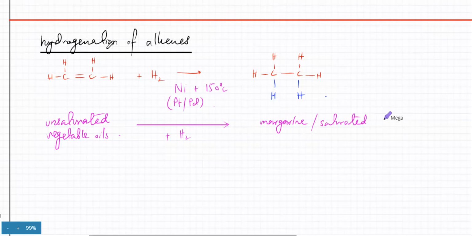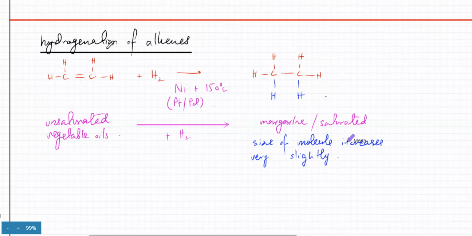So the question is, what happens when margarine is produced? The size of the molecule increases slightly, but very slightly.